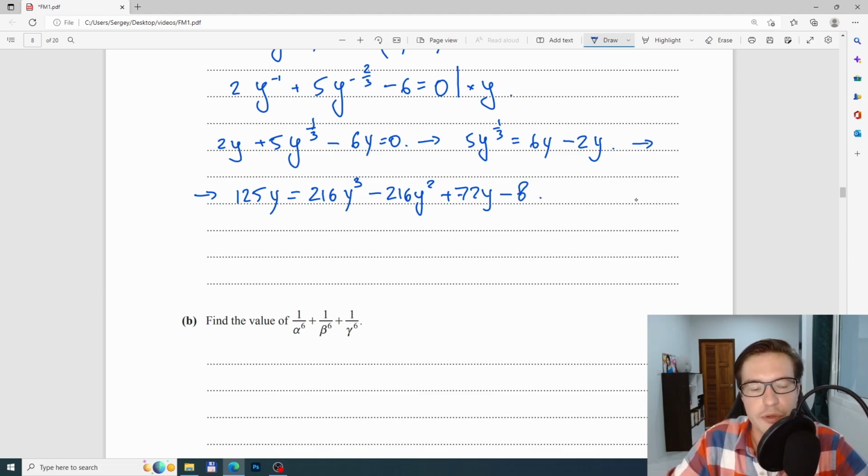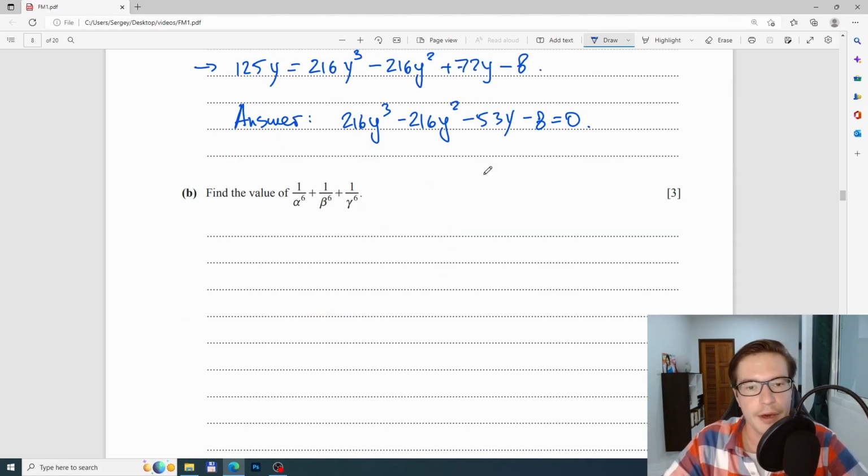And now all we have to do is move this 125y from the left side to the right side, and we'll get the final answer: 216y cubed minus 216y squared minus 53y minus 8 equals 0.